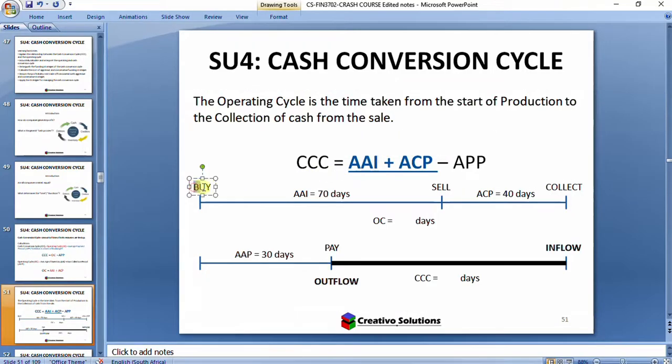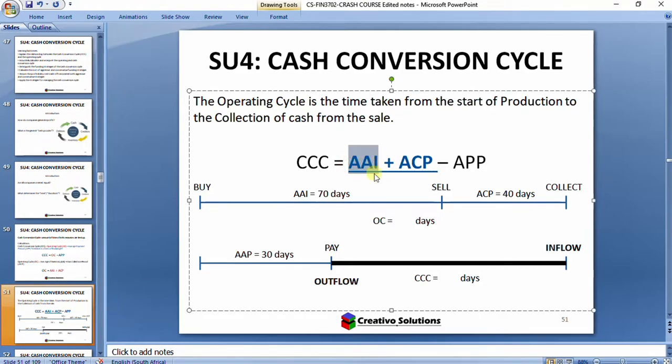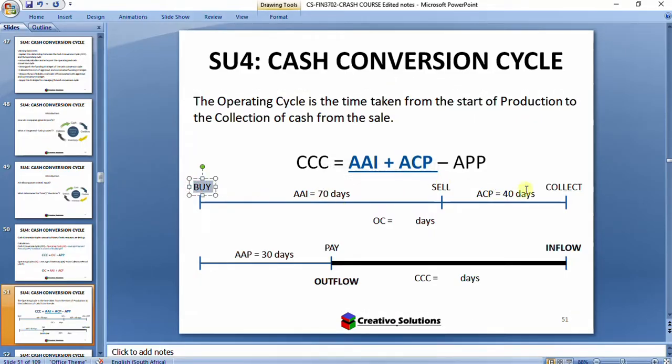If I buy goods, and it takes me 70 days to sell, that's where I am currently. So AAI is a measure of the time it takes to acquire stock, or source it, and then sell it. If I'm looking at ACP, that's looking at the collection. So you can see in this diagram: buying, selling, and collecting.